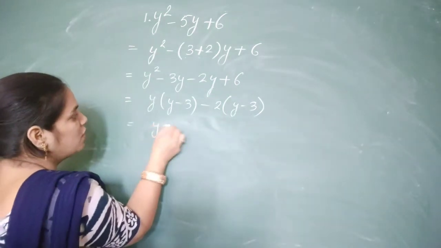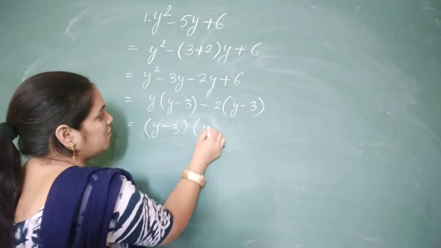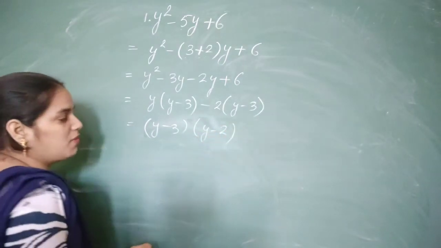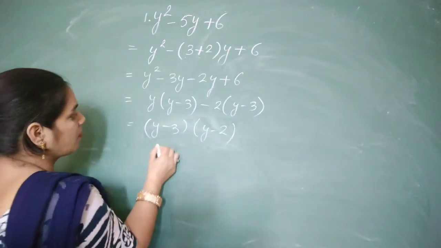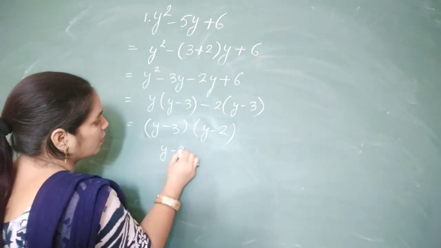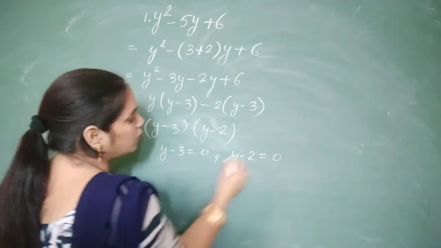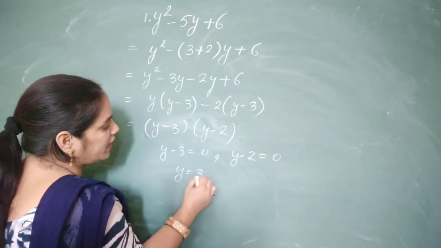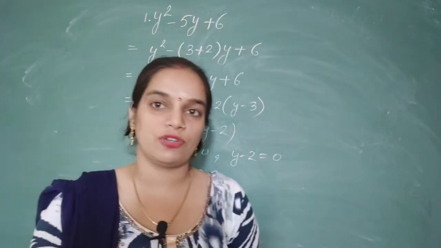Now we will take y minus 3 common from both the terms and the remaining result will be y minus 2. Now we will put both of them equal to 0. y minus 3 is equal to 0 and y minus 2 is equal to 0. We get y is equal to 3 and 2.